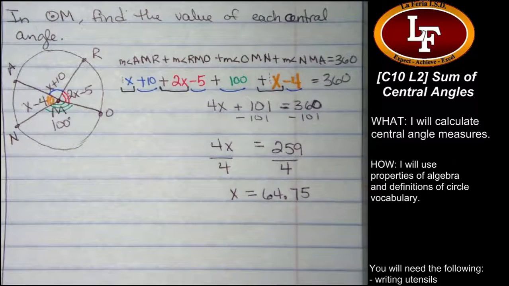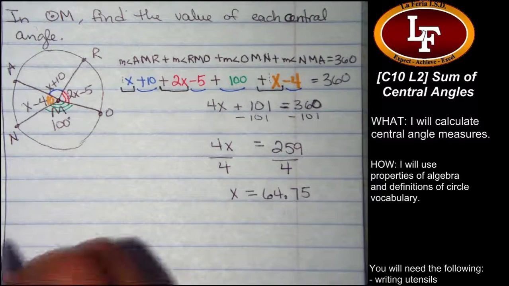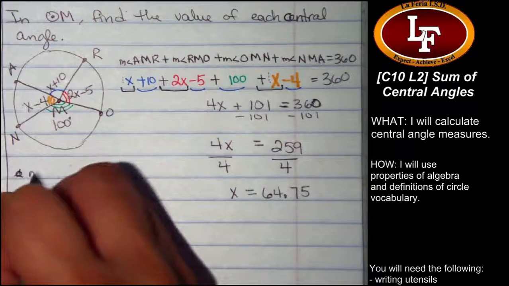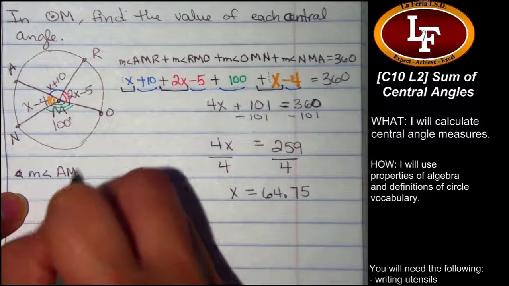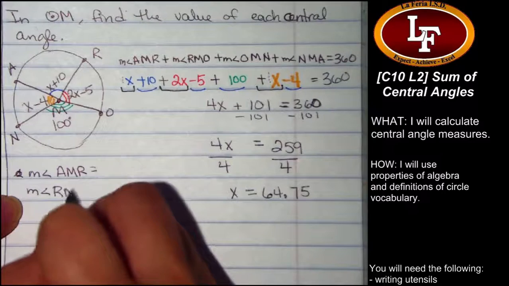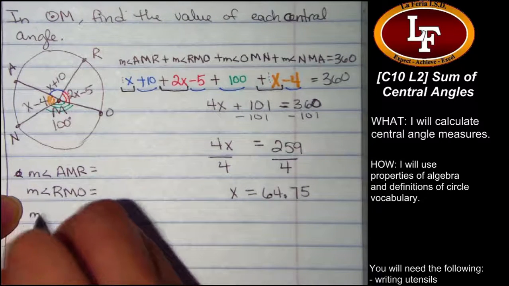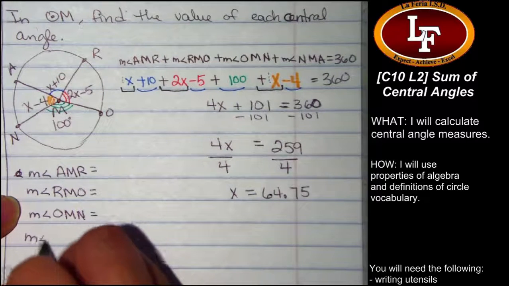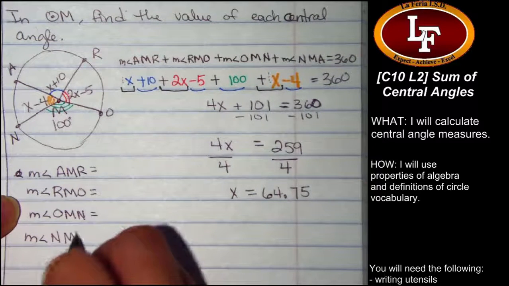What I was being asked for was the central angles. Means I'm really interested in the measure of angle AMR, the measure of RMO, the measure of OMN, and the measure of NMA.